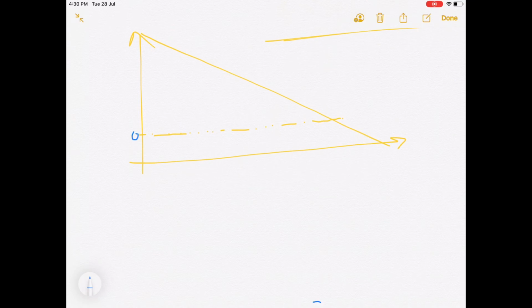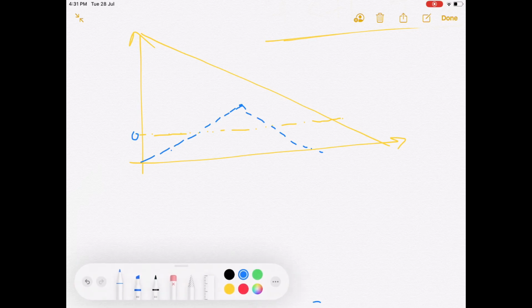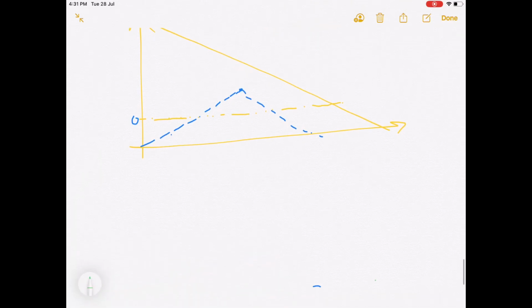As frequency increases, your gain increases. But because of the practical circuit, as it reaches this point, it starts to decrease. If the practical circuit was not there, this part would extend like this.